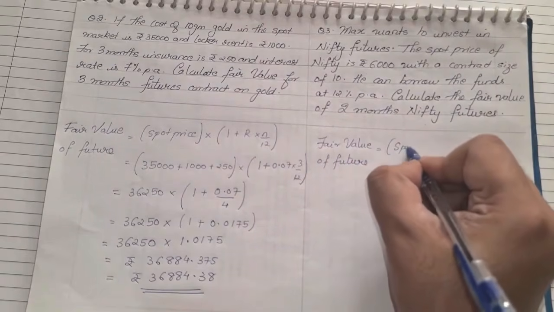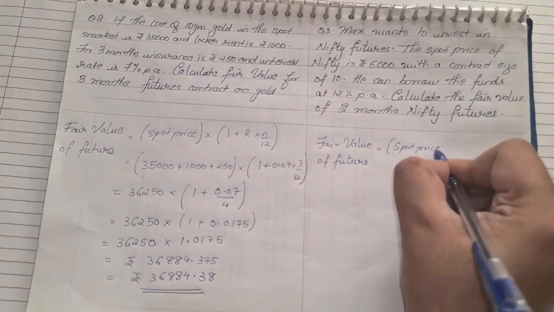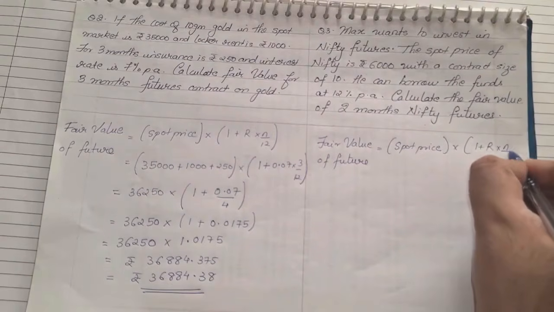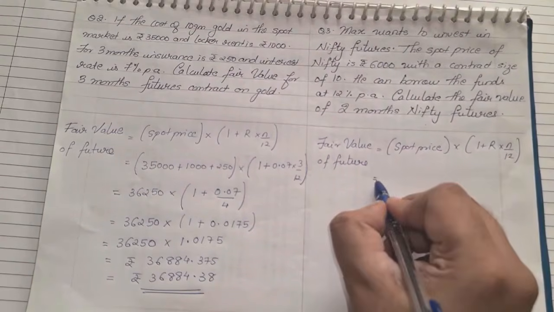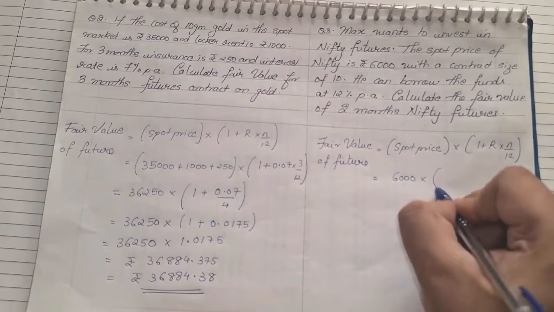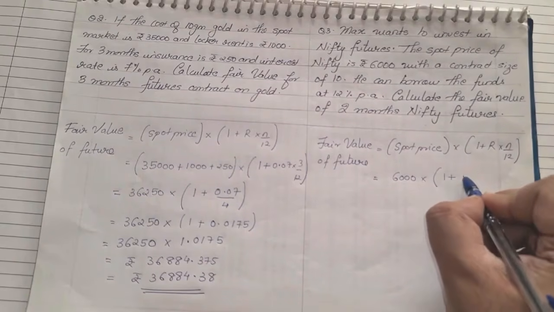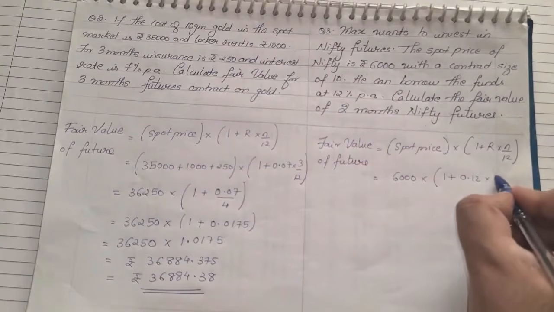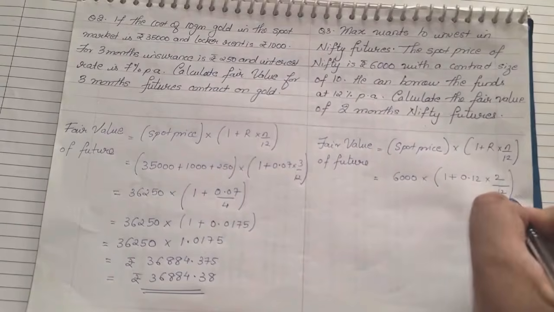Again, similar formula. So that is spot price into 1 plus R into N divided by 12. So the spot price in this case was 6,000 into 1 plus R. The rate is 12%, so 0.12. Now 2 months future, so it will be 2 divided by 12.